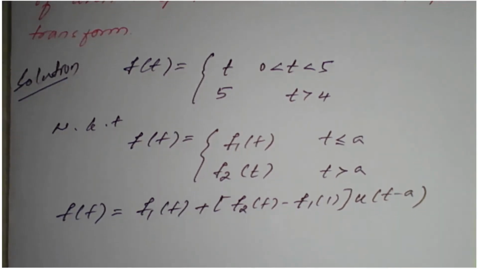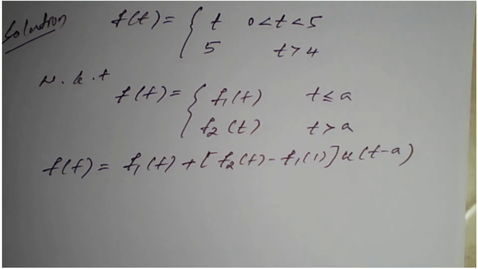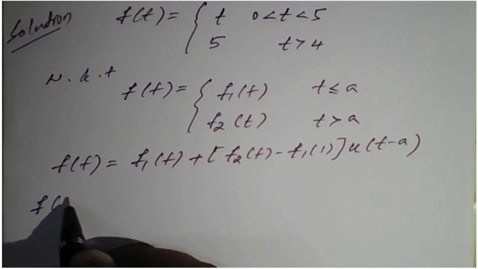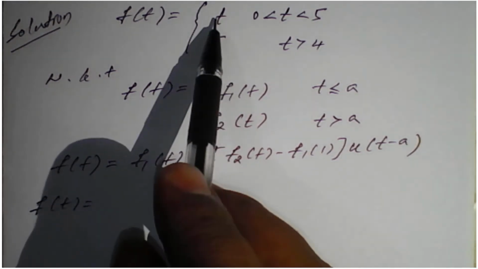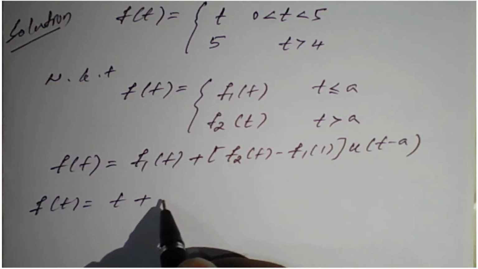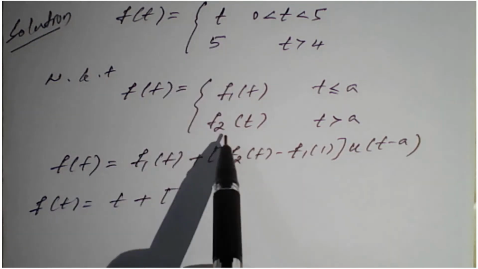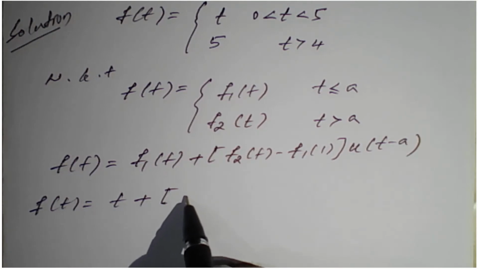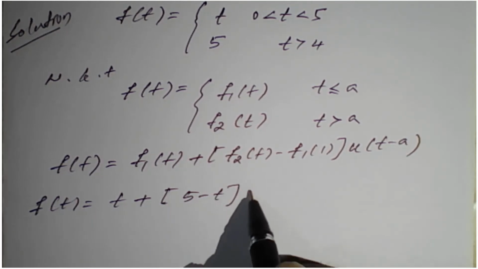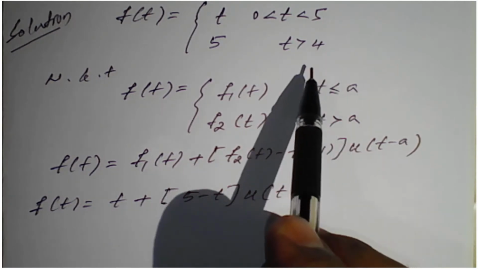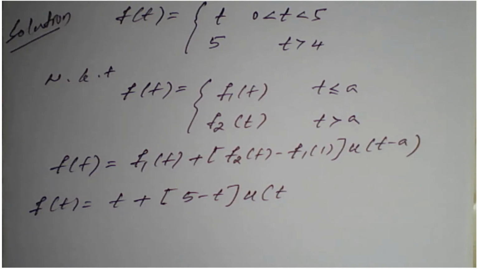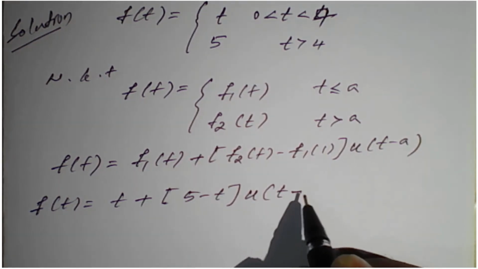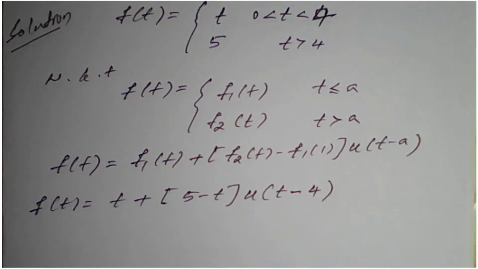We need to apply this formula so that our given f of t will become f of t is equal to t plus, f2 is pi, so pi minus f1, that is pi minus t, into u of t minus 4, so t minus a value is 4.